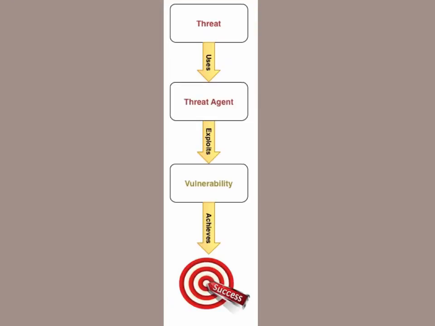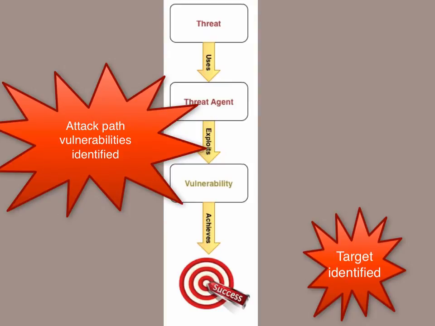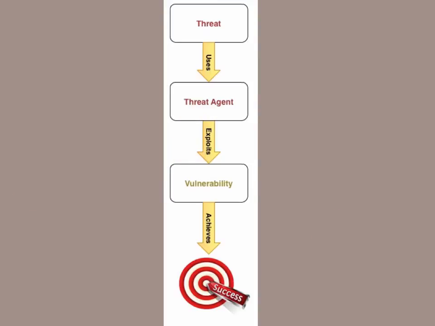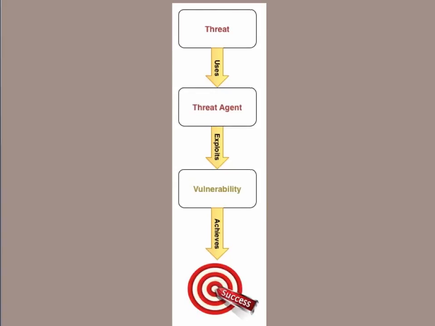During this period, the attacker is going to identify targets and potential vulnerabilities. Once these are detected, then the attacker determines what methods and tools to use to exploit those vulnerabilities. Along the attack path, as we've said before, there can be multiple steps and multiple devices that the attacker must go through to reach the final target.